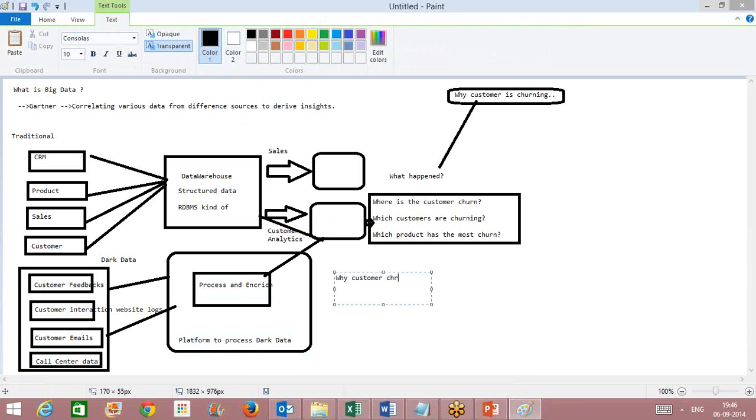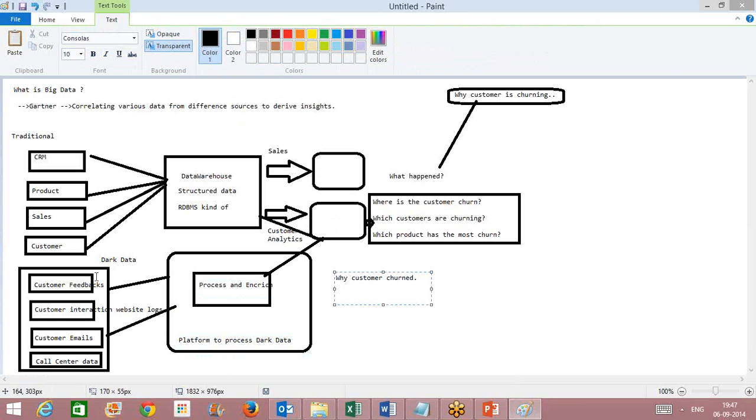For example, we could see from the customer feedback that the customer is not happy with the service. You could go back to the call center log and see that yes, the customer has been repeatedly calling for the same issue. He has been blasting emails for want of attention. His interactions in the website log show that he is always getting exceptions or errors in the interaction.